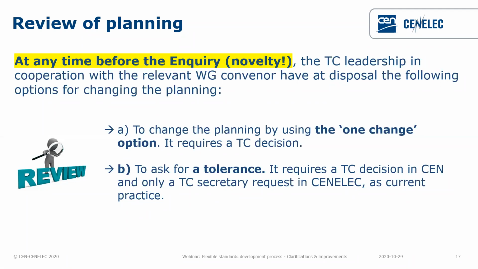And this is something that has been changed now and that has been decided by the BTs, in the sense that now at any time before the inquiry, the TC leadership, of course in cooperation with the relevant convener and expert, have the possibility to introduce changes to the planning, which means through 2 options: the one change option, which requires a TC decision, or also through a tolerance request, which requires a TC decision in CEN, and for CENELEC requires a specific request from the CENELEC secretary.